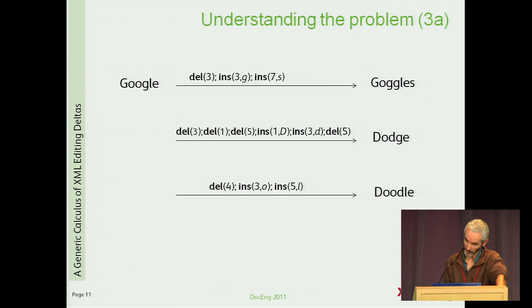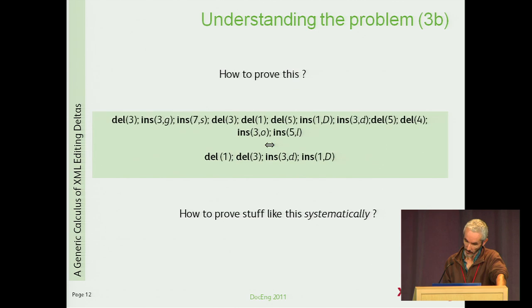And this is a problem, because what we would like to do is to detect such a situation. So we would like to prove that both are equivalent from the operational point of view. And moreover, we would like to prove that on a systematic basis, which is more difficult, not on this particular case, of course.